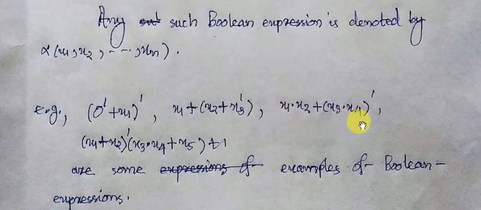So if we denote such Boolean expressions by alpha, in general alpha of x1, x2, so on, xn. In case of three variables x1, x2, x3, we shall write it alpha of x1, x2, x3. In case of these four variables, we shall write it as alpha of x1, x2, x3, x4, and so on.